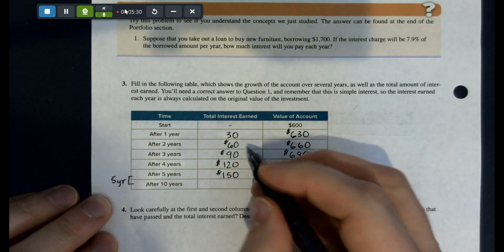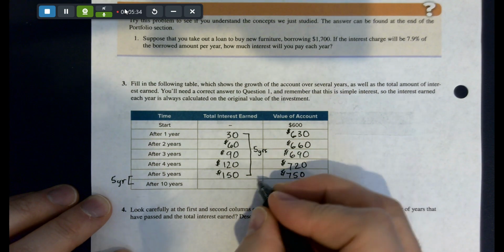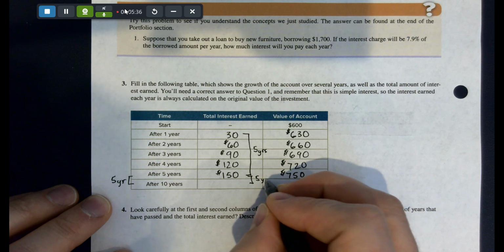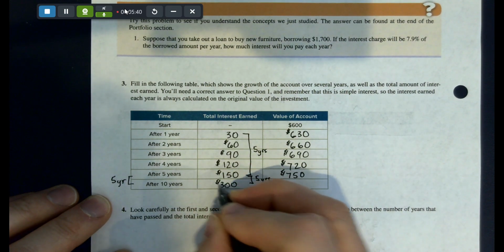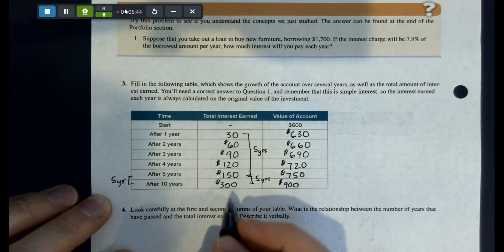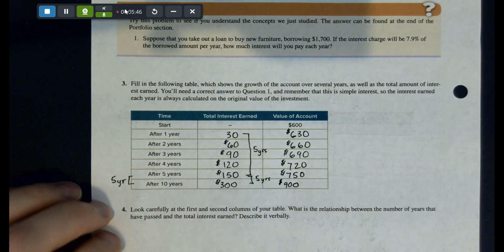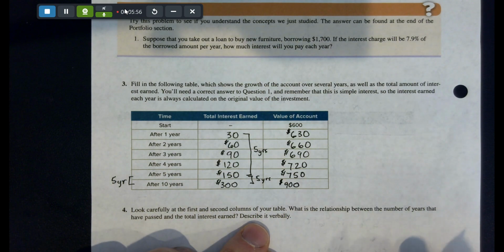In other words, I have to add the same amount that I added here. This was 5 years worth of earnings. I have to add that amount to here, or double. So we'd end up with a $300 added in. That would be $900 added to our account total. So after 10 years of simple interest, we would have earned $300 of interest to our account, and our account balance would have been $900.